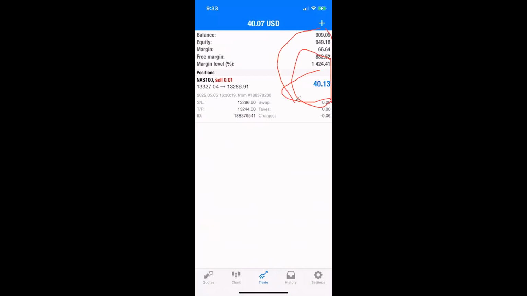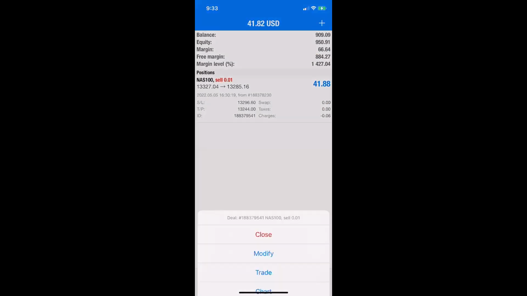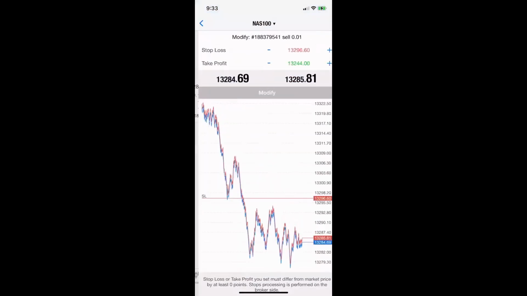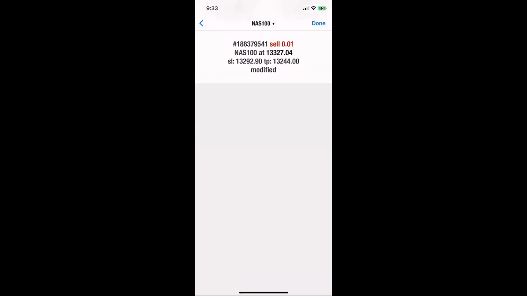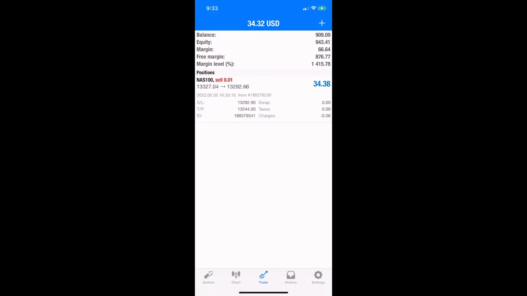Bam. Might hold it to here, maybe. Modified again, 132.29. There we go.